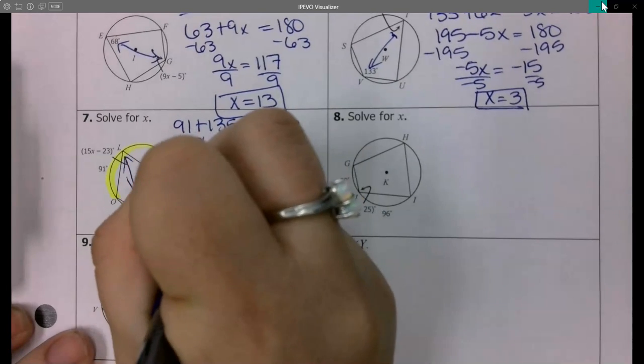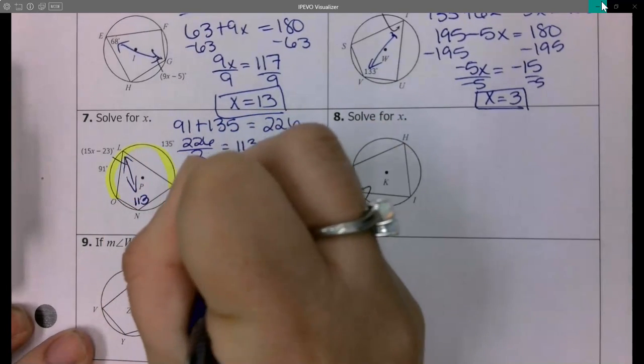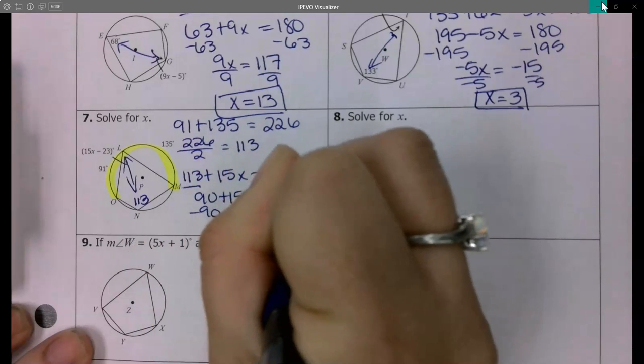Then I want to go ahead and subtract 90 on both sides. So I get 15x equals 90.